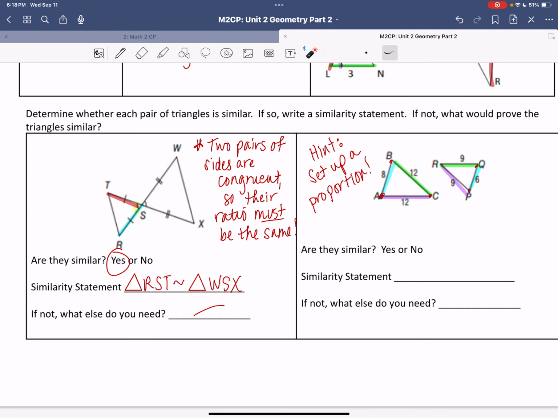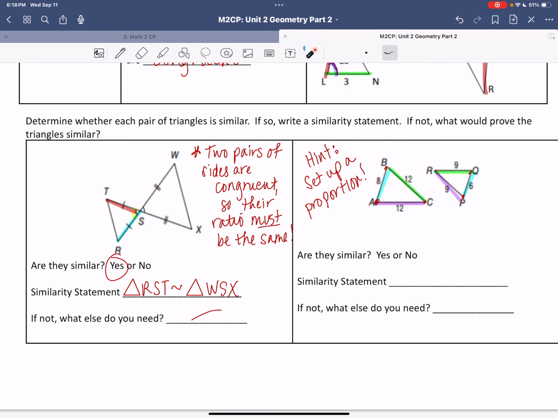Now we need to figure out if they're similar. Remember, similar means proportional sides and congruent angles. Two pairs of sides are proportional, so their ratio must be the same. Let's get started to prove this. I did the little color coding for you. Notice this is congruent to that.